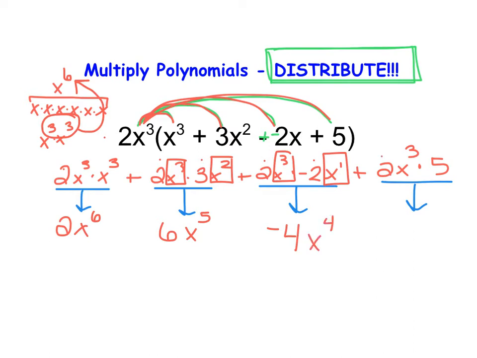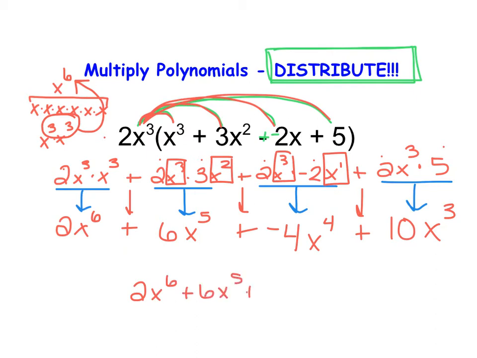And then finally, 2 times 5 is 10, and then I have x to the third left over. So here I have 4 terms, and there's an addition sign between each of them. They're already in descending order with exponents of 6, 5, 4, and 3, and none of them are like terms. So my final answer here is 2x to the 6th plus 6x to the 5th, plus negative 4x to the 4th, plus 10x to the 3rd.